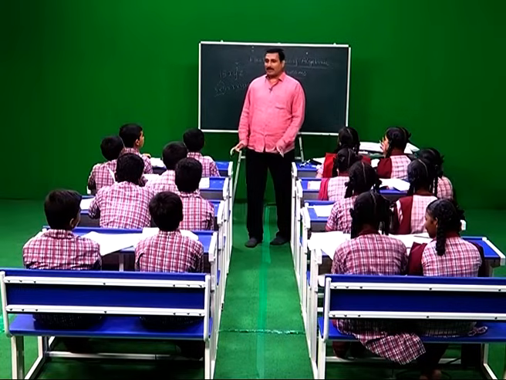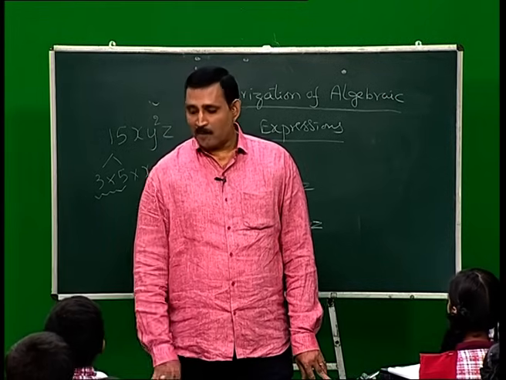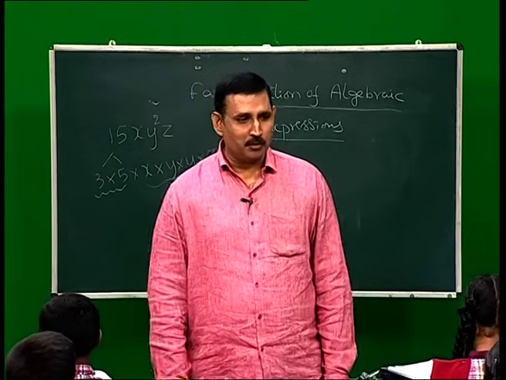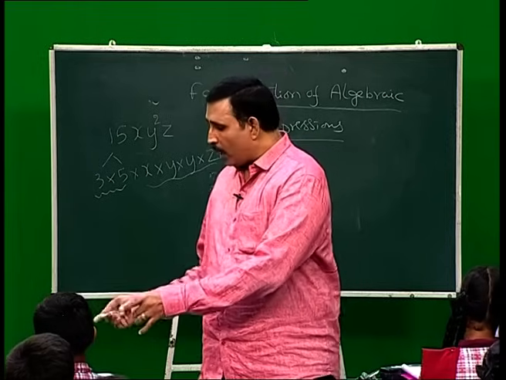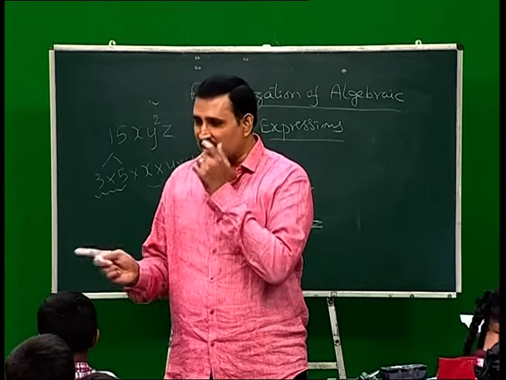Now let us do one thing. Earlier we discussed about common factors. But each group is having only one expression card with you. So now you have to take the expression card from your friend and interchange the cards.